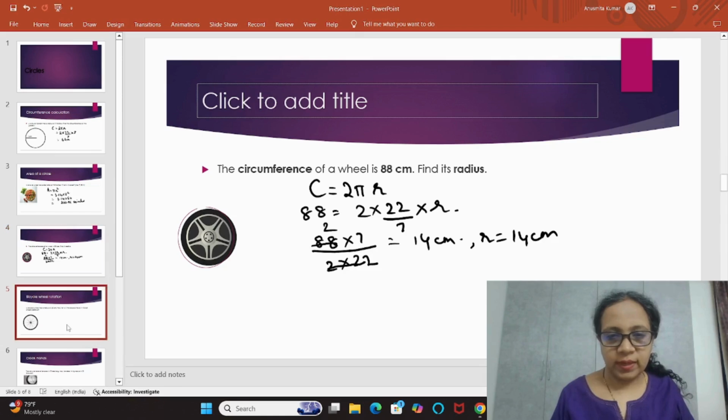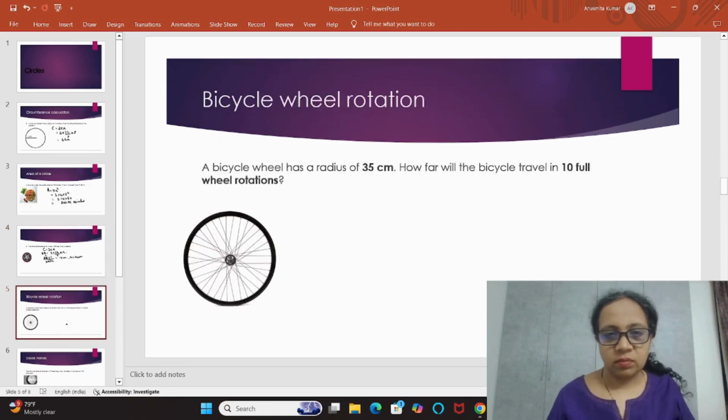Let's move on to our next sum. This is about the bicycle wheel rotation. A bicycle wheel has a radius of 35 centimeters. How far will the bicycle travel in 10 wheel rotations? Radius is 35 centimeters.